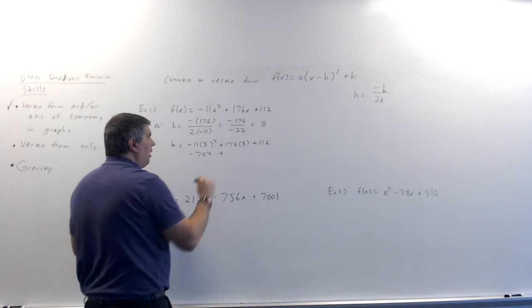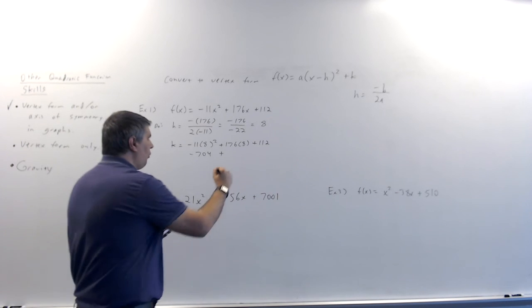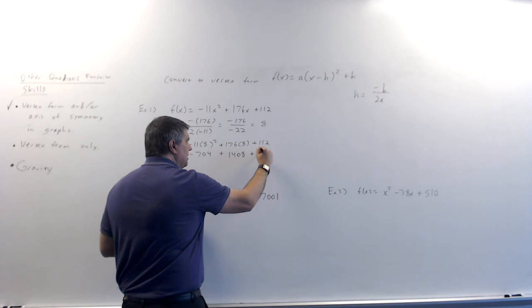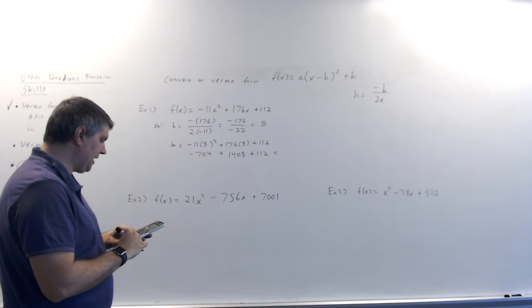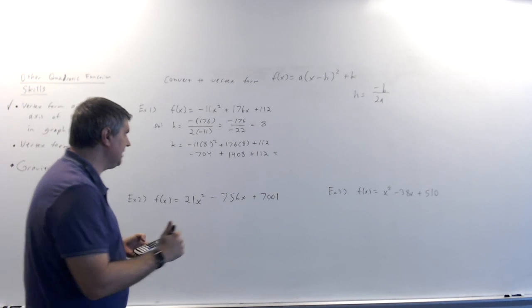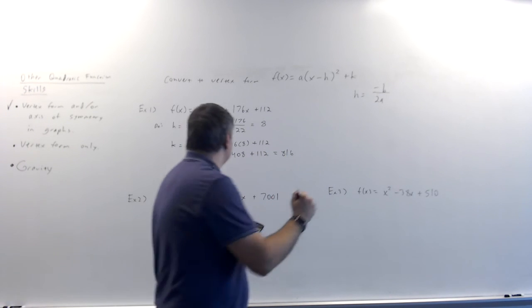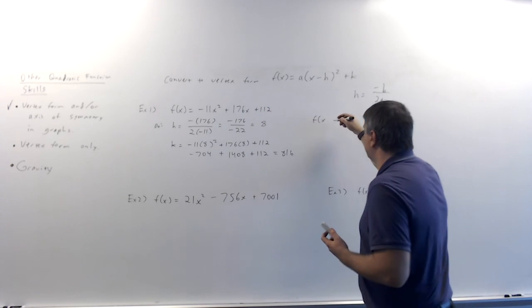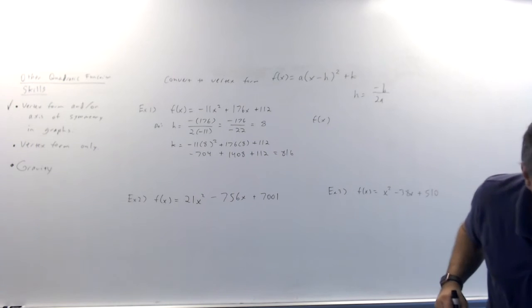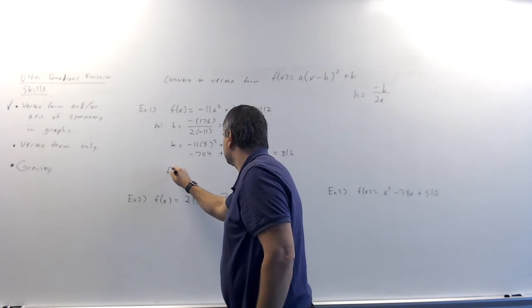So, 64 times negative 11. Negative 704 plus 176 times 8, 1408, plus 112. So negative 704 plus 1408 plus 112 is 816.